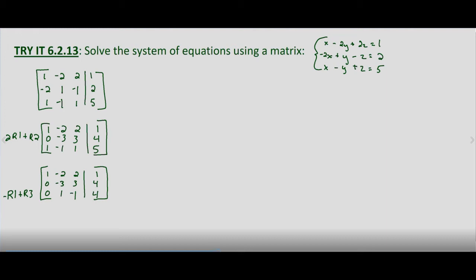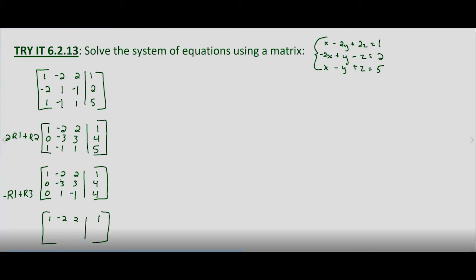So what is our next step? Our next step is we want the second row, second column to be 1. So in order to do that, let's write our matrix down again. Our first row stays the same, 1, -2, 2, 1.